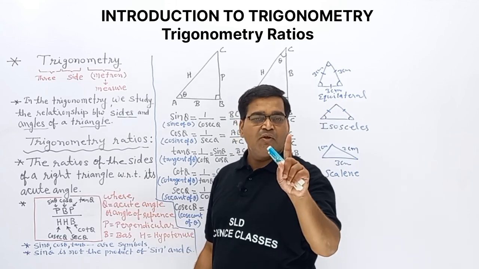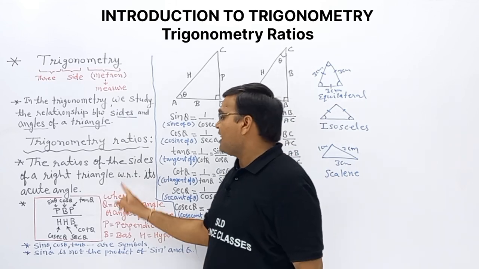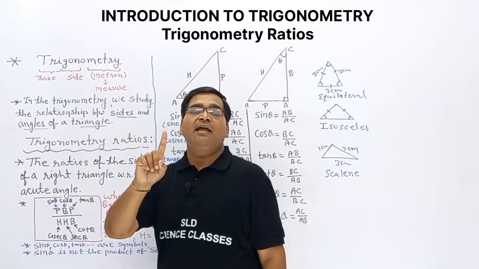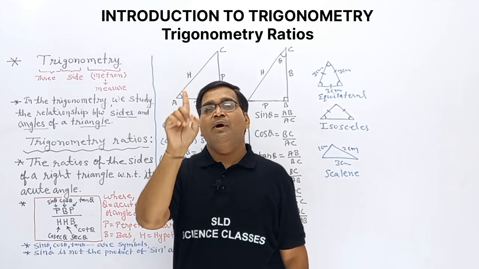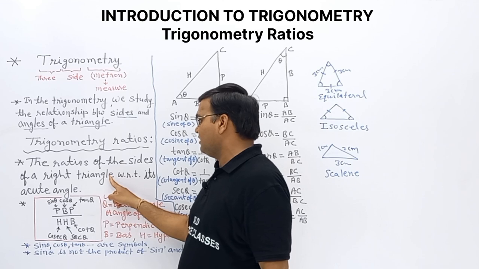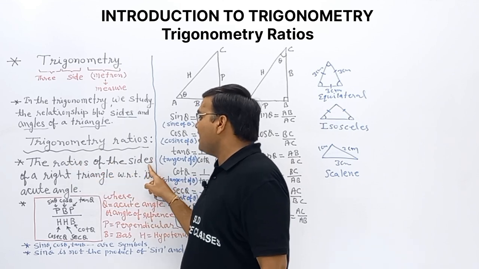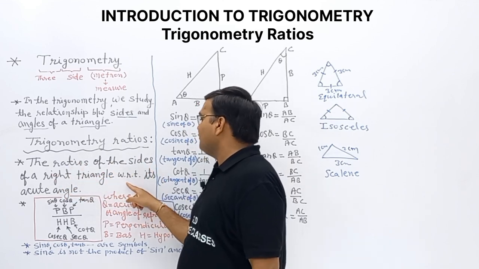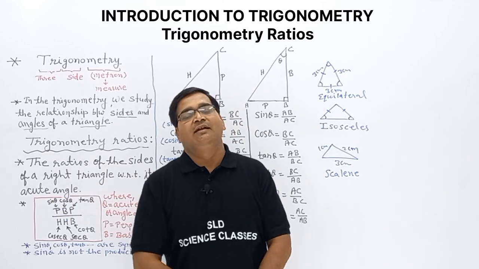The ratios of the sides of a right triangle. A right triangle is a triangle having one angle of 90 degrees. The ratios of the sides of a right triangle are taken with respect to its acute angle.